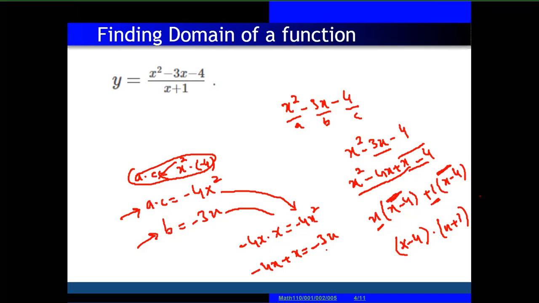This is the factorization. Replace the numerator by x plus 1 multiplied with x minus 4, divided by x plus 1. x plus 1 cancels with x plus 1, and we have x minus 4. Clear, guys?